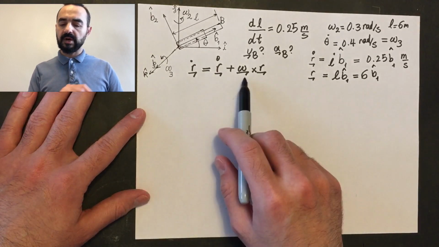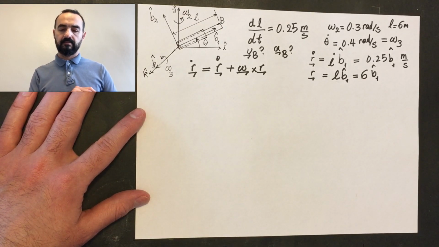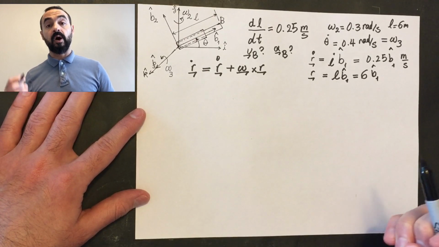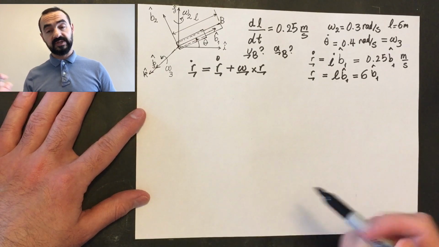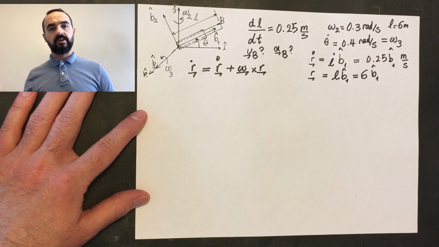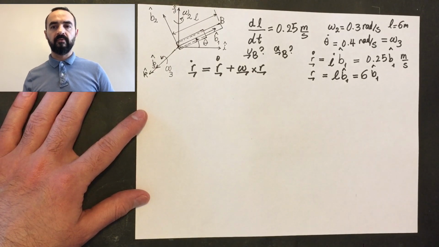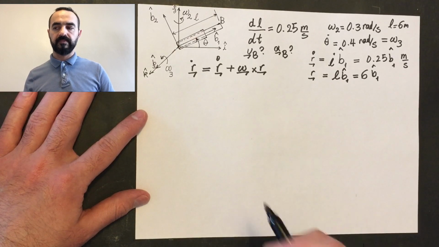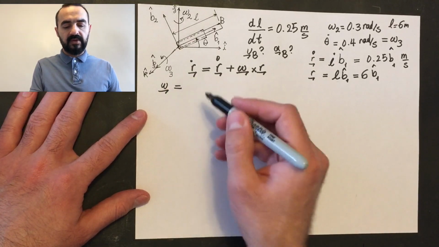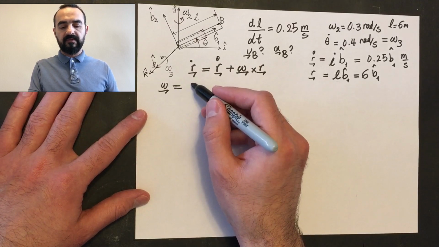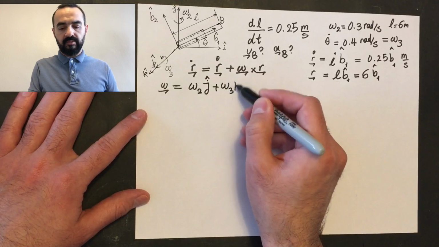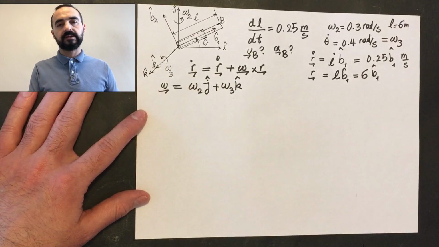Now, to compute r dot, we also need omega, right? Omega describes the rotation of the frame which is attached to the body. We said that in general, our angular velocity has three components, omega 1, omega 2, and omega 3. In this case, omega 1 is equal to 0. We only have omega 2 and omega 3. So in vector form, I have omega 2 about j hat plus omega 3 about k hat.